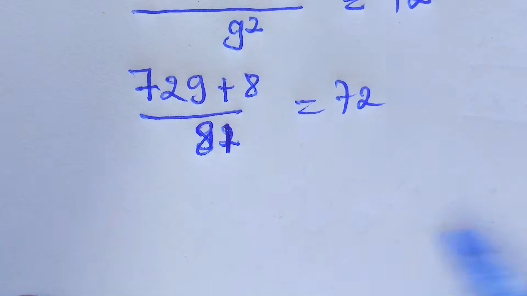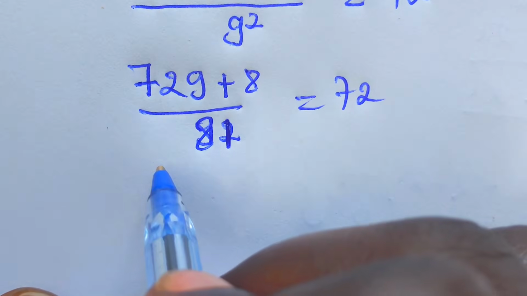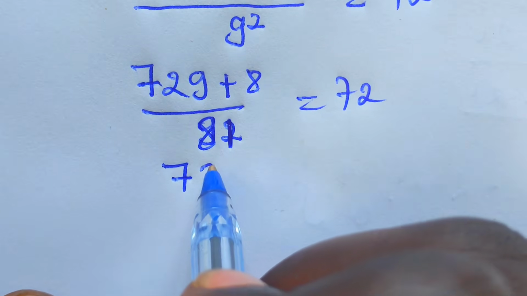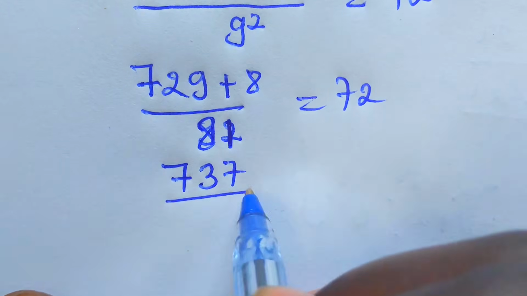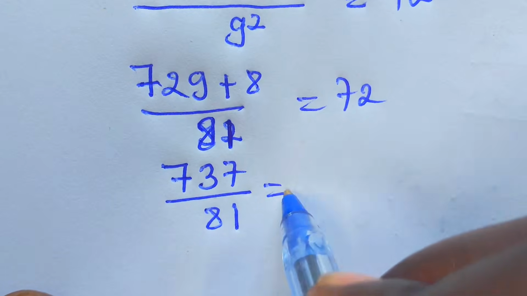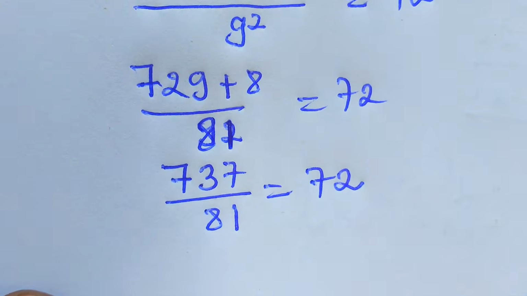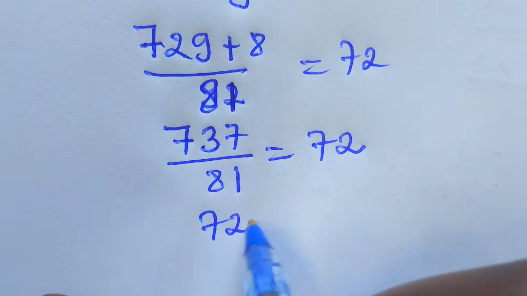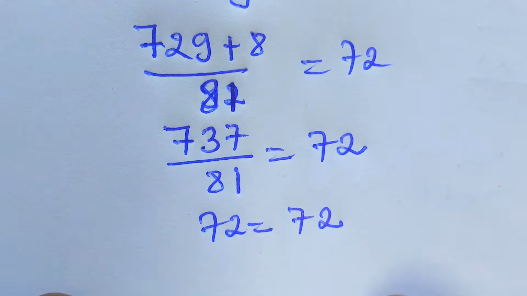And of course here, if we add this one, we shall get 737 over 81. This should be 72. And of course here this 72 equals 72.